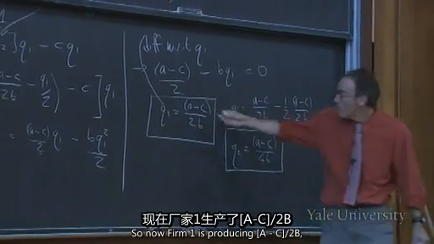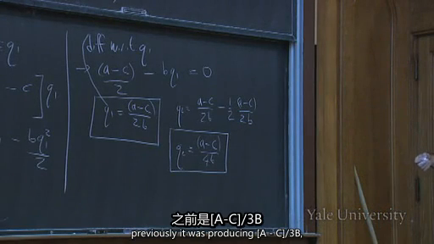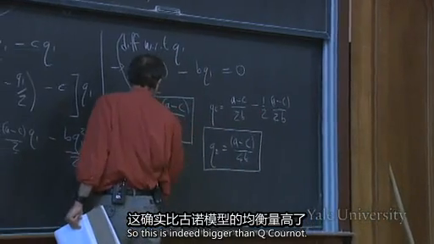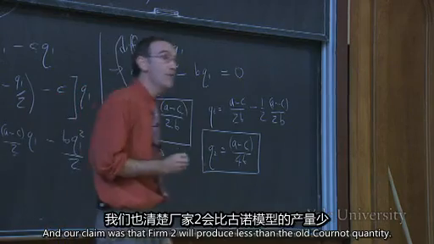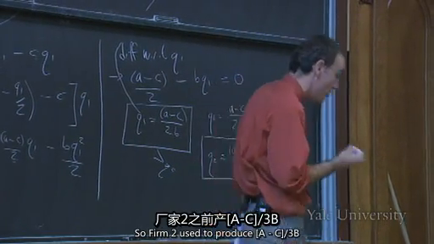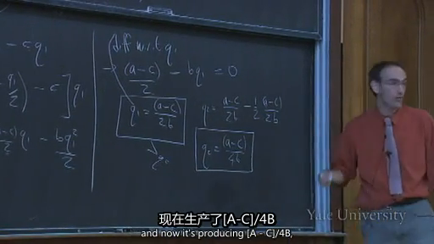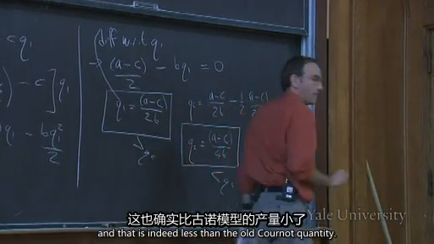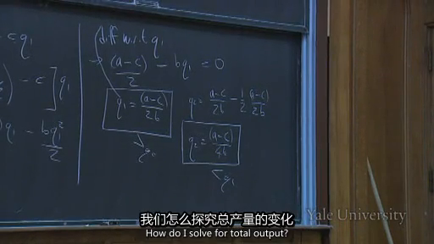Now firm 1 is producing (A minus C) over 2b. Previously it was producing (A minus C) over 3b, so that is indeed bigger than Q Cournot. That's good news. And our claim was that firm 2 will produce less than the old Cournot quantity. Firm 2 used to produce (A minus C) over 3b, and now it's producing (A minus C) over 4b, and that is indeed less than the old Cournot quantity. So far so good. What about total output? How do I solve for total output?